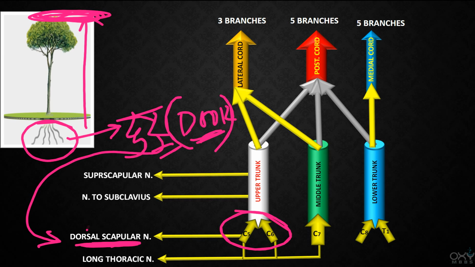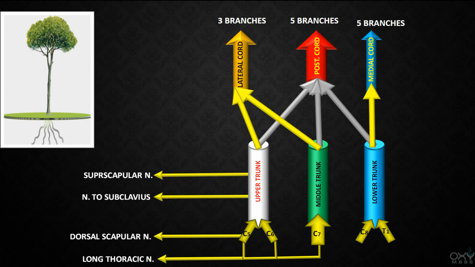So here two things are very clear, that long thoracic nerve is a branch of roots and dorsal scapular nerve is also a branch of the roots.